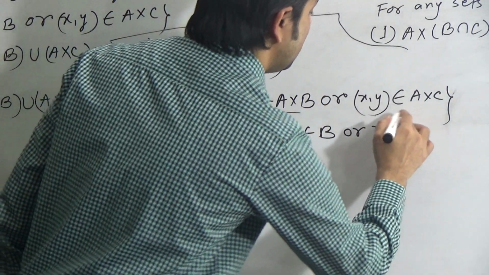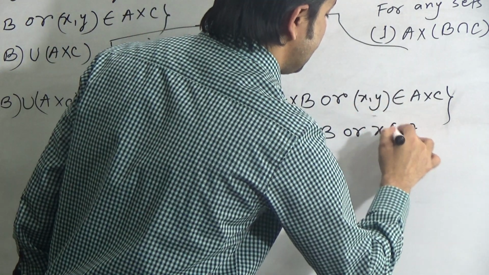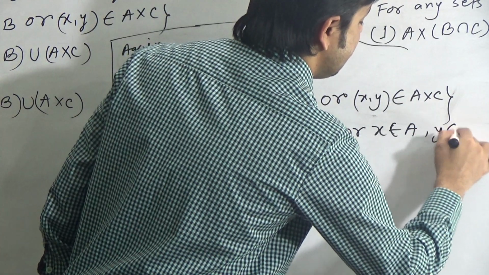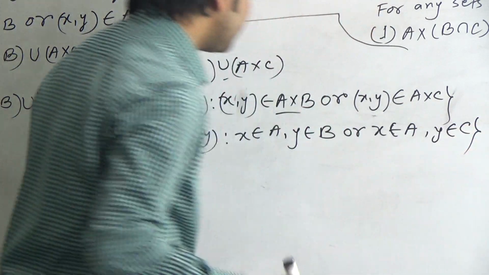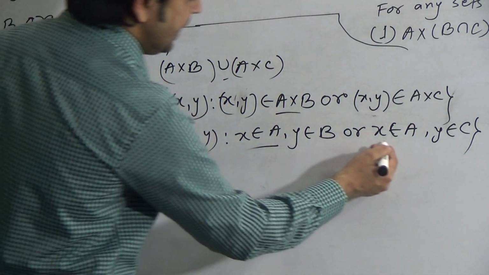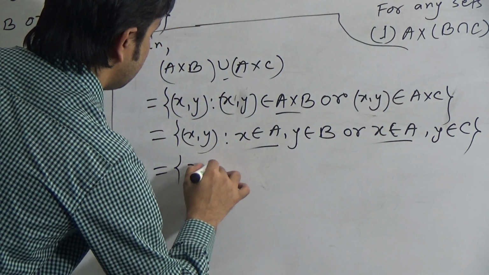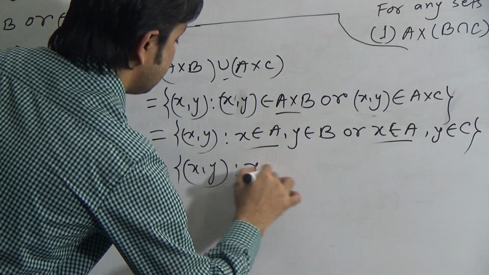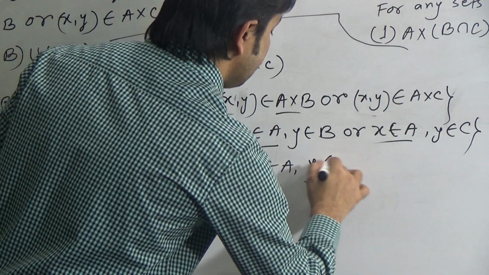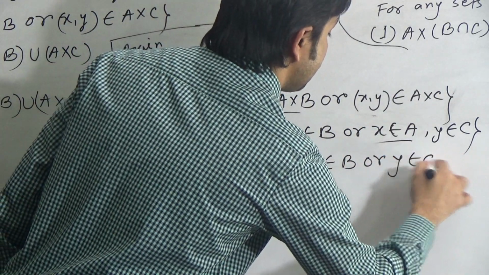X comma y belongs to A cross C means x belongs to A, or x is contained in A, y is contained in C. So now if we consider x is contained in A, when y is contained in B or y is contained in C.